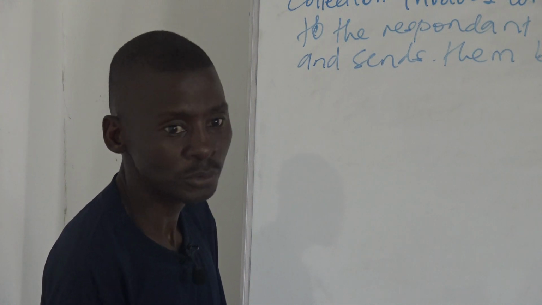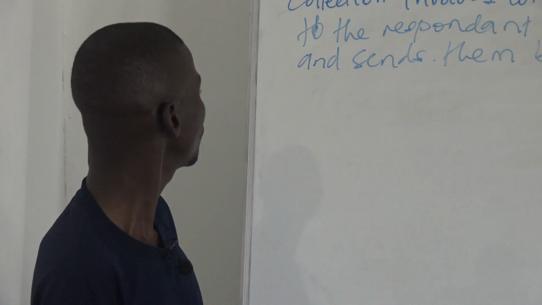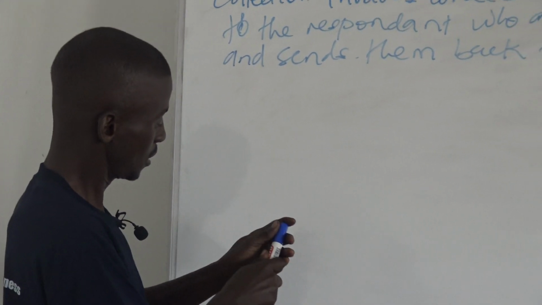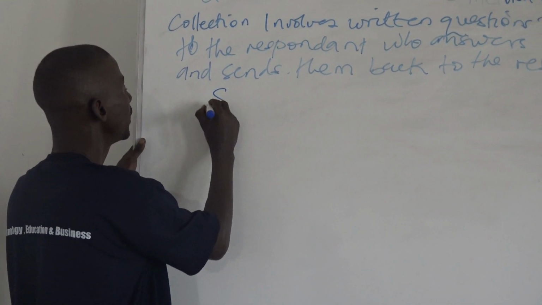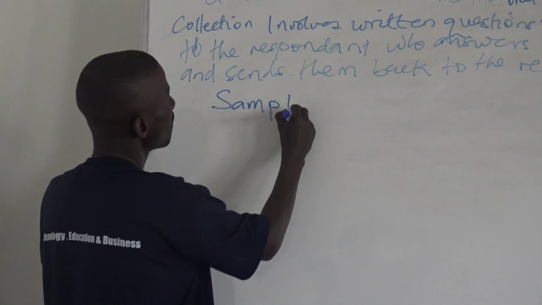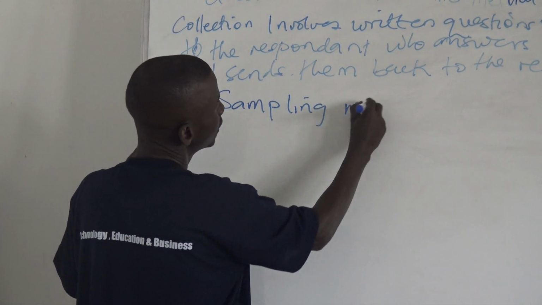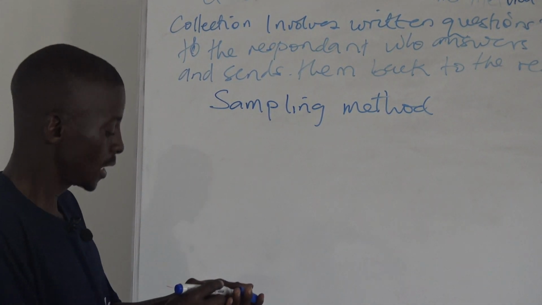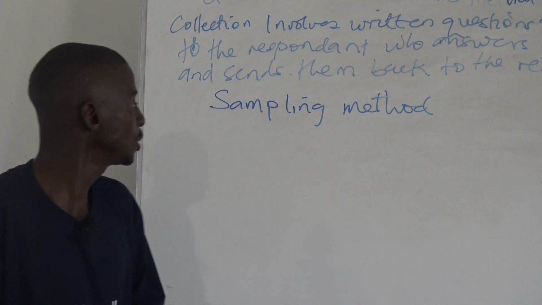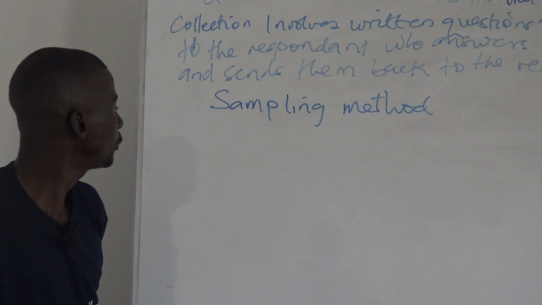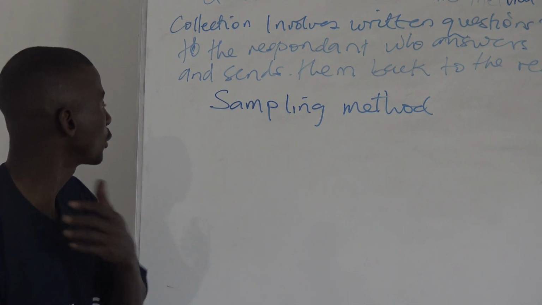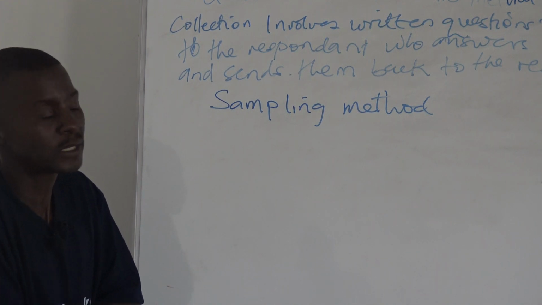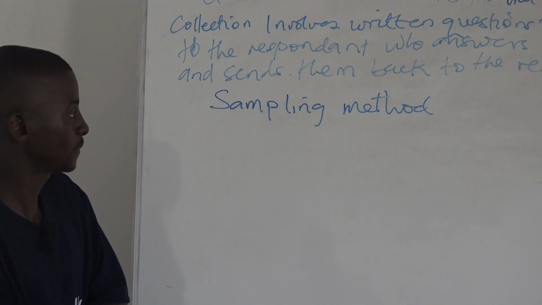So let me also talk about another method which is called the sampling method. That is a method of data collection that involves the use of one or a few items to represent the rest.